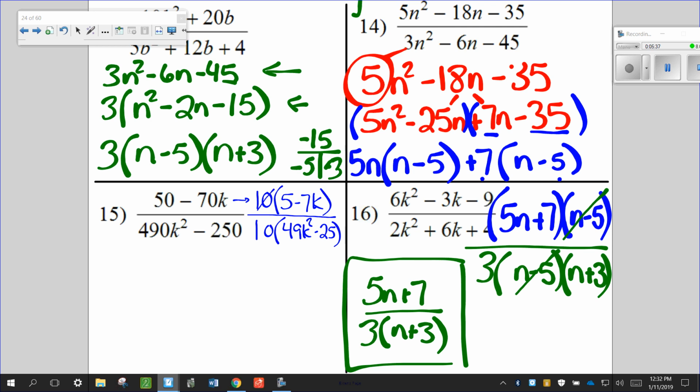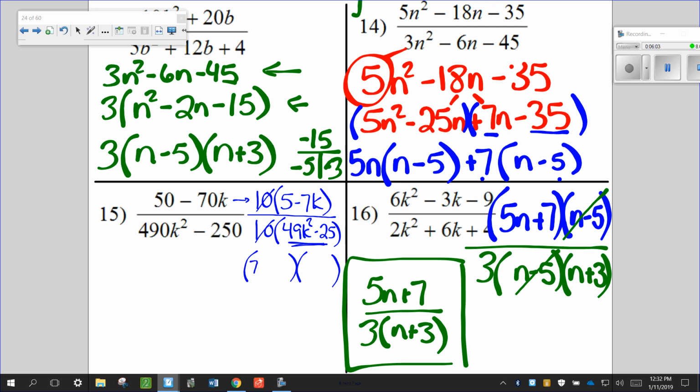So I have a 10 divided by 10. That's just 1, right? So those divide out. Well, the numerator can't be factored anymore, but the denominator, I have a quadratic function. And if you know your perfect squares, you can see that that would be the difference of two squares. Okay, so the difference of two squares factors into the square root of the first term.